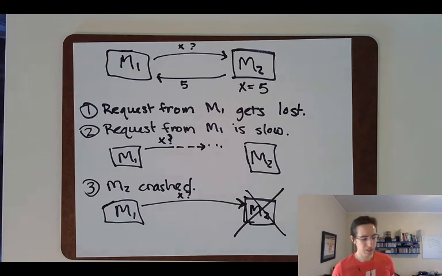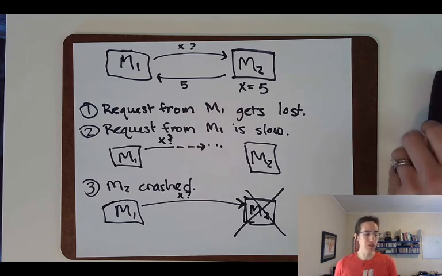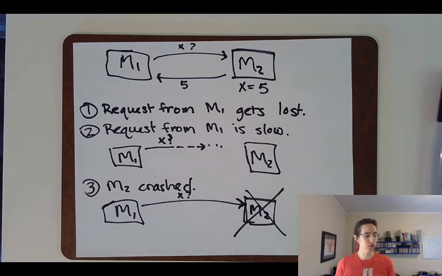No. So from M1's point of view, none of these situations are really distinguishable from one another, even though they're really quite different, right? So the first situation could be due to a backhoe taking out the network cable, right? The second situation could be due to congestion on the network. The third situation could just be because M2 kernel panicked, right? It could have nothing to do with the network, or it could be a lot of different reasons.